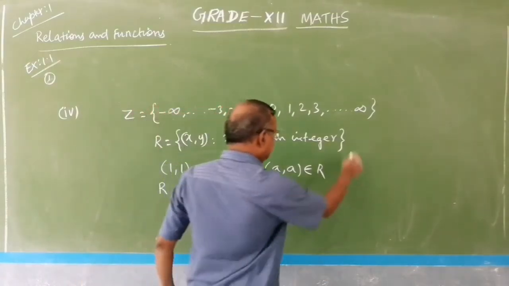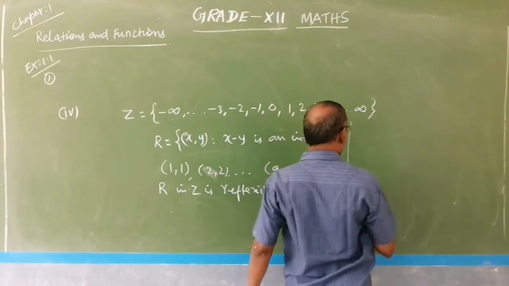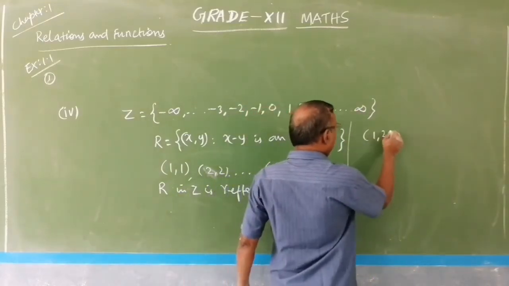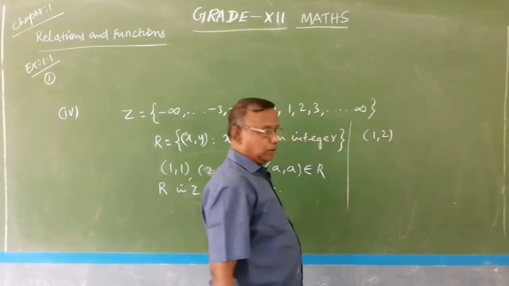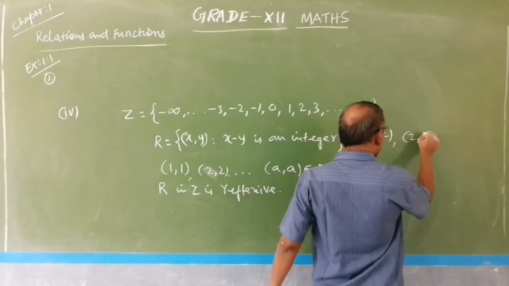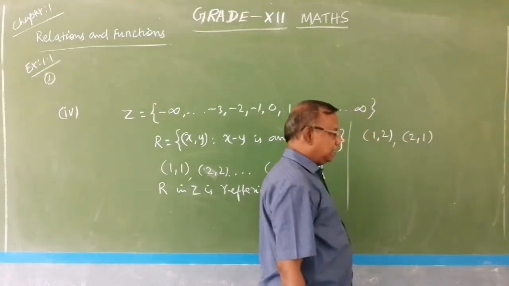The next one: (1, 2), that means 1 minus 2, which is minus 1, is an integer. Similarly, (2, 1), that is 2 minus 1, which is 1, is also an integer.